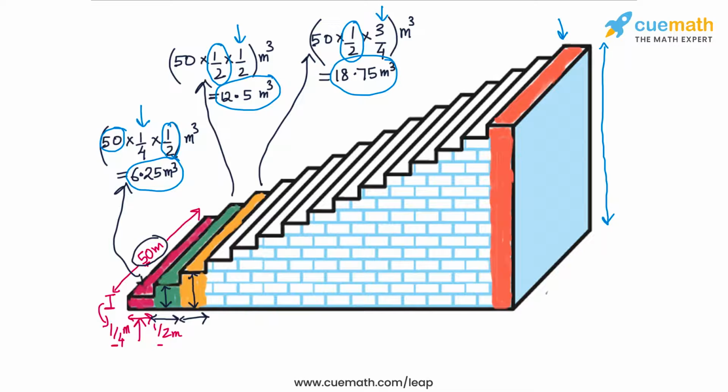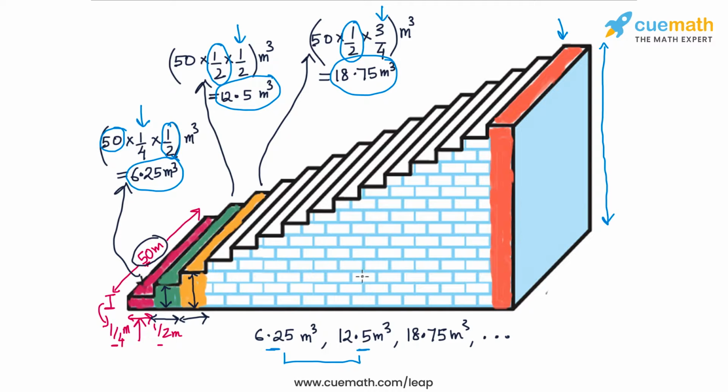18.75. So if I write this sequence out, we have 6.25 meter cube, then 12.5 meter cube, then 18.75 meter cube, and so on. And this will continue for a total of 15 terms. So we see that this is an arithmetic progression. The first term is 6.25 and the common difference is also 6.25. So now it's easy to find the total volume of the structure.